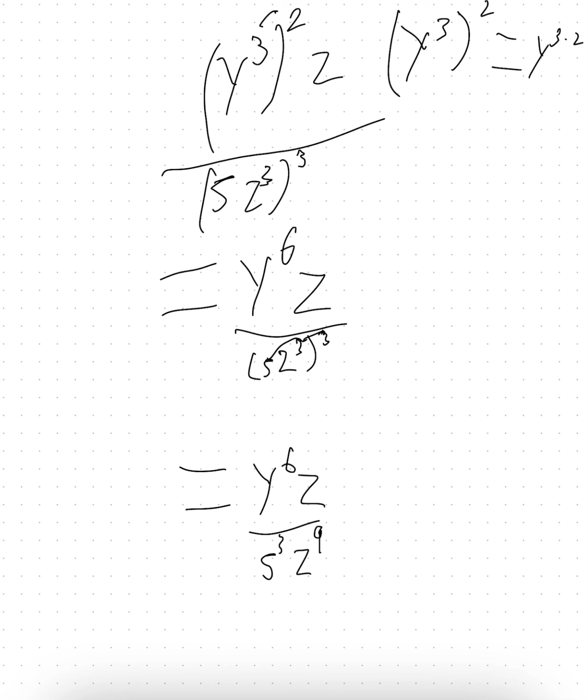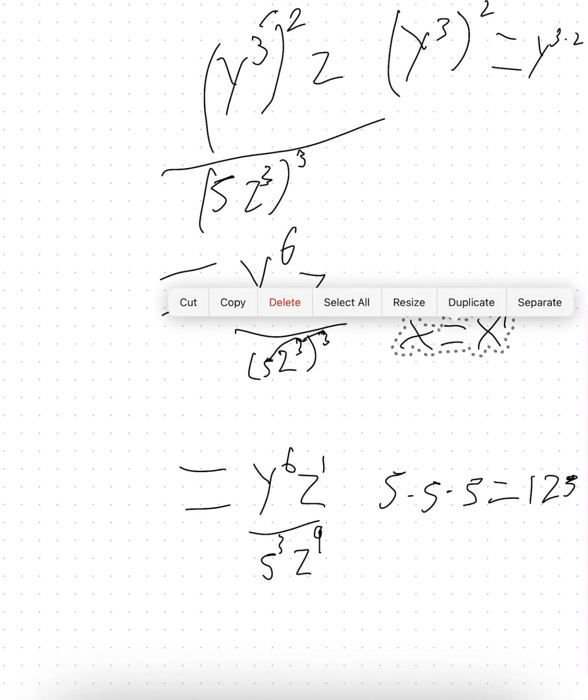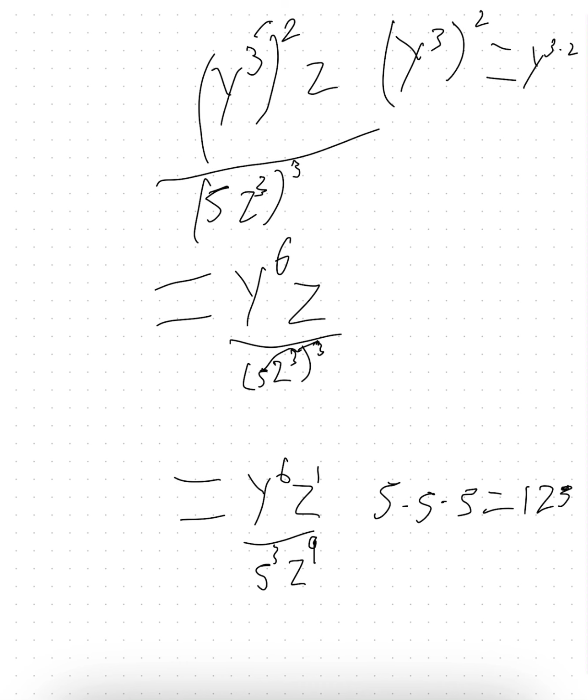Now, 5 to the 3rd power, what is that? Let's use your calculator. That's 5 times 5 times 5, which is 125. Now, there's an imaginary 1 above this z, because we should know that x equals x to the 1. So when you have a number and there's no exponent, the exponent there is just a 1, okay?